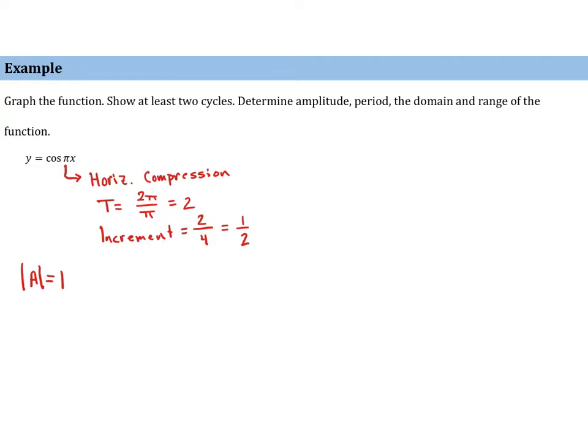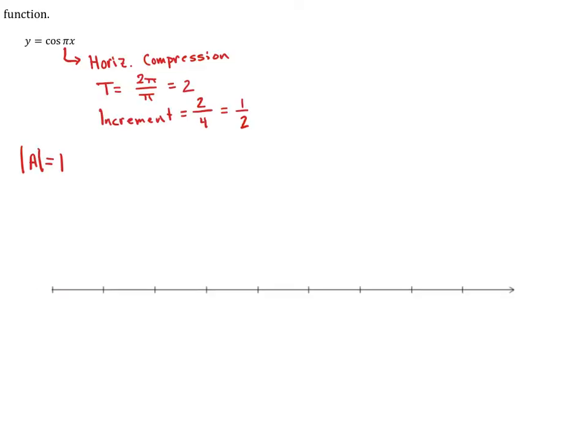So let's go ahead and look at the graph. Looking at the parent function, we saw our 5 key values, and now what we see in our function is a change in the input.